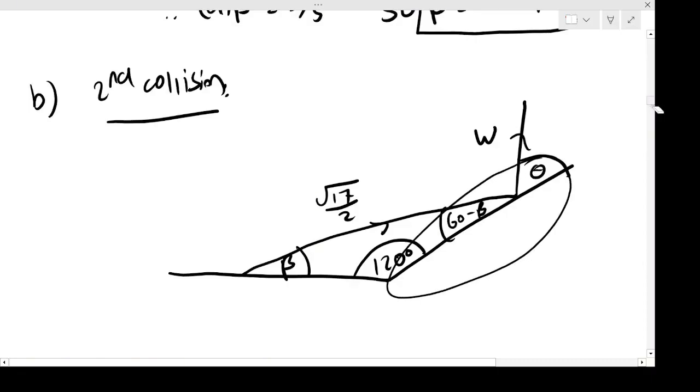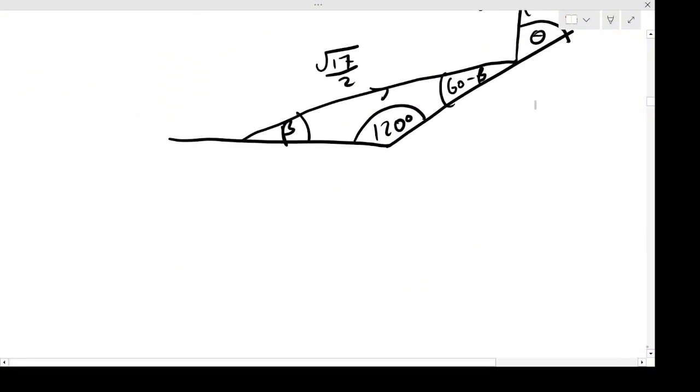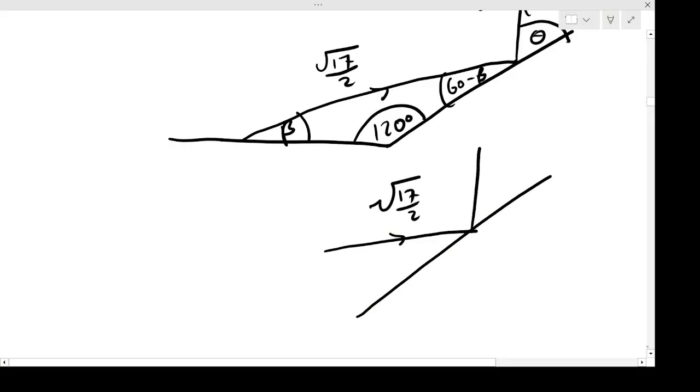So I'm going to zoom in on this diagram and redraw just the second wall. So there we are. It's going to strike with speed root 17 over 2 and then rebound with speed w, as we said. The angle is theta here, and this angle is 60 take away beta.